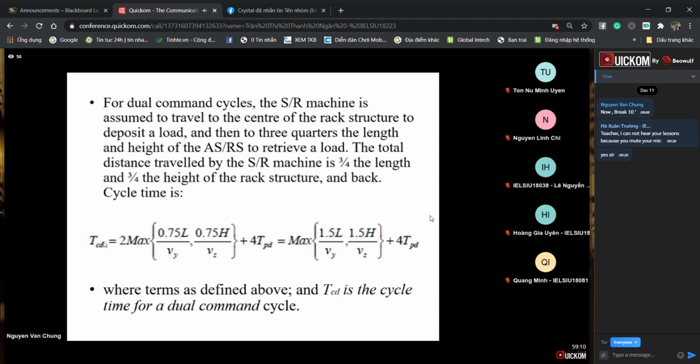Cycle time of dual command. Okay, and then you use this formula. So like that, it is the same. But this you can take this, the chance that this is the value here. You remember, you choose this, the mark, the picture, and just choose the value.